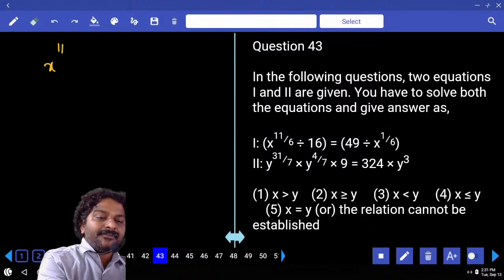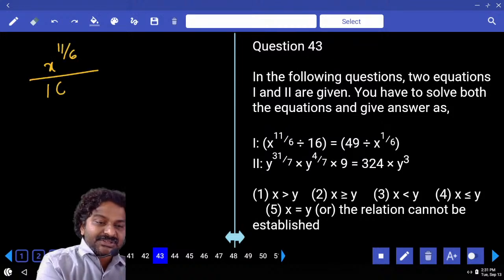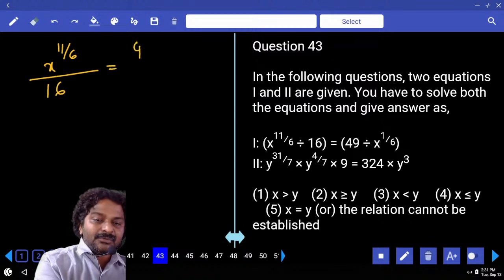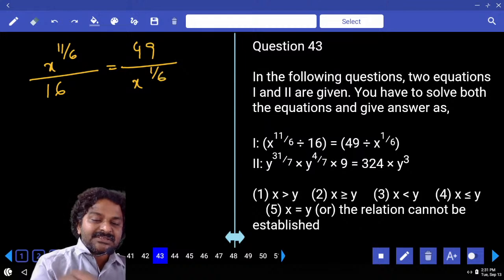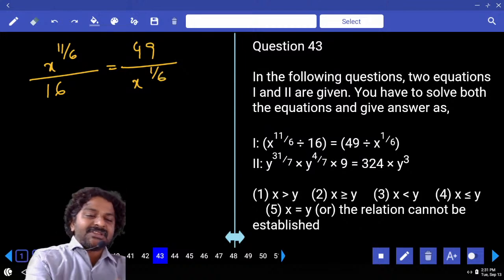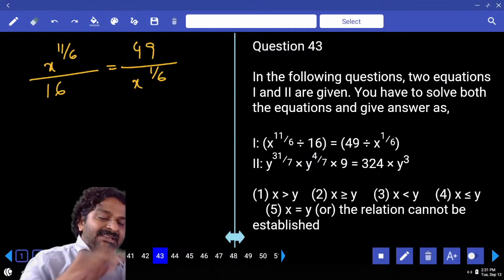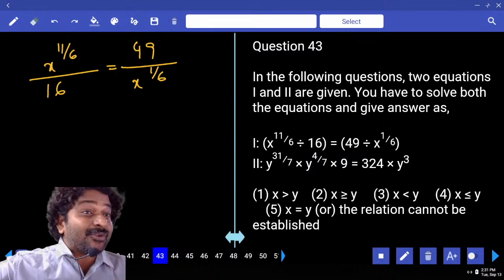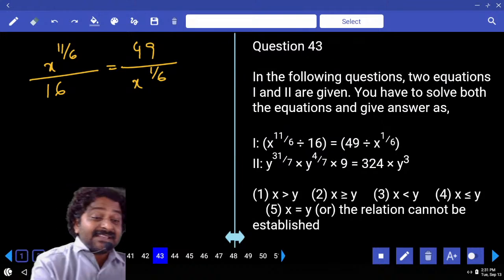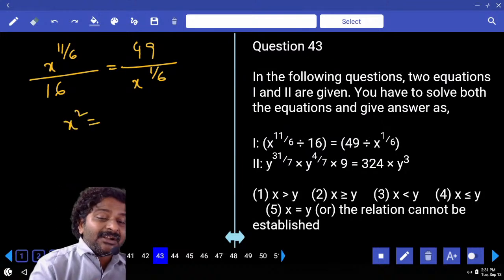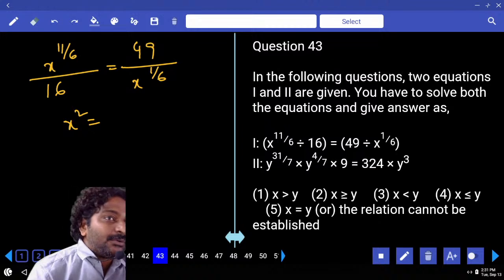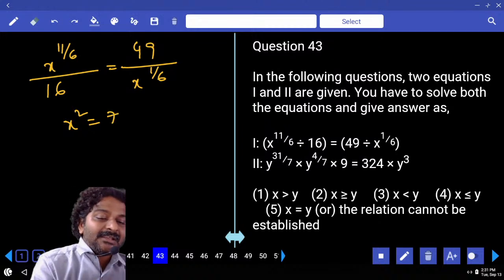x to the power of 11 by 6 divided by 16 equal to 49 by x power 1 by 6. Go for cross multiplication. x power 11 by 6 multiplied by x power 1 by 6 becomes x power 12 by 6, which is x square, equal to 49 into 16. 49 is 7 square, 16 is 4 square.